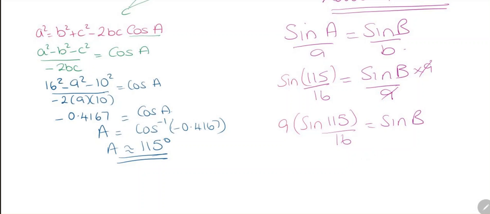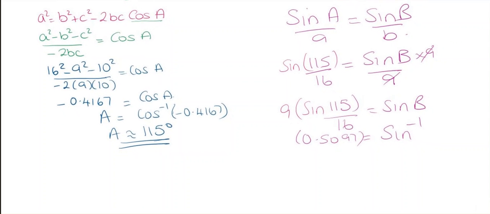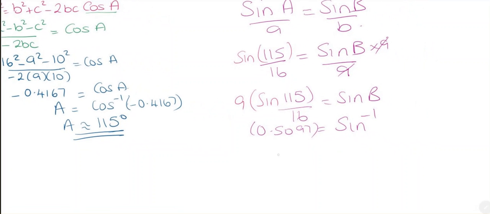So for the angle, we're going to do sine to the minus 1 of 5.97. So shift and sine, angle B is going to be 30.65, which is 31 degrees.